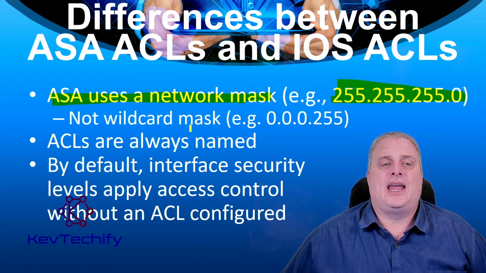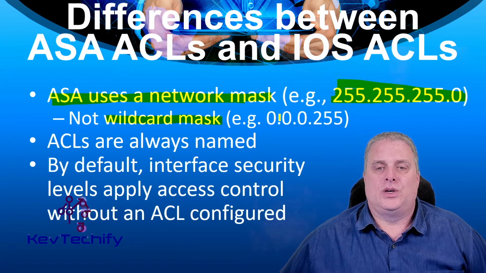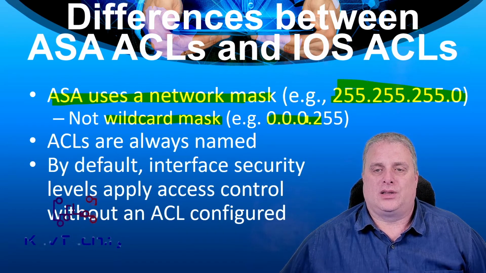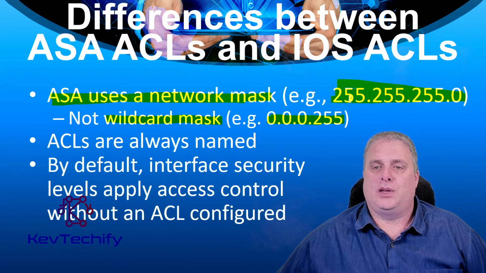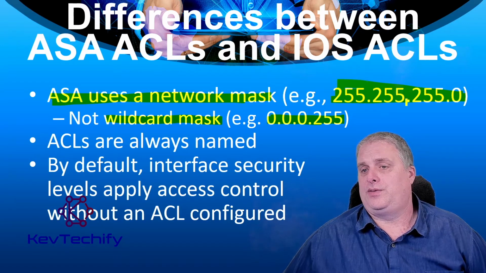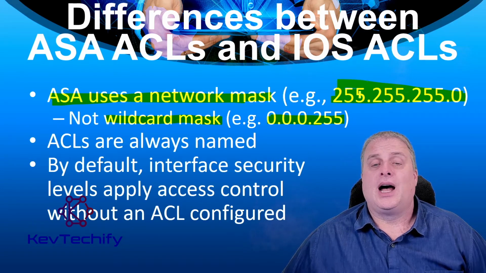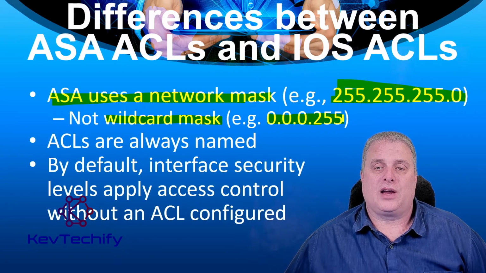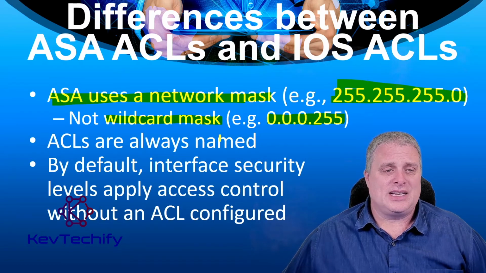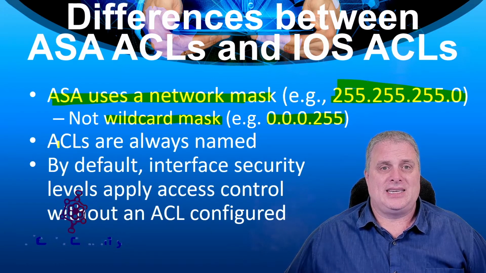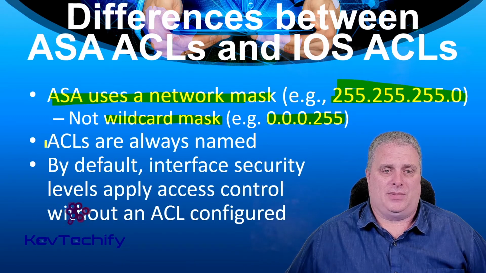It uses a wildcard mask, which is zeros followed by ones. So the equivalent of the subnet mask of 255.255.255.0, on a router, you'd specify the wildcard mask of 0.0.0.255.